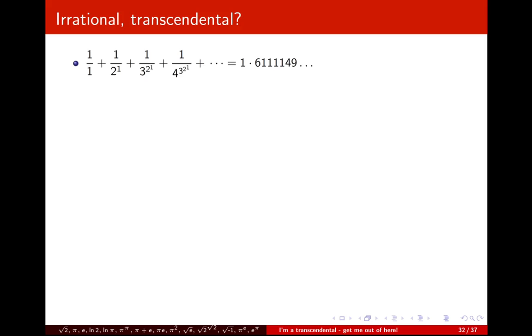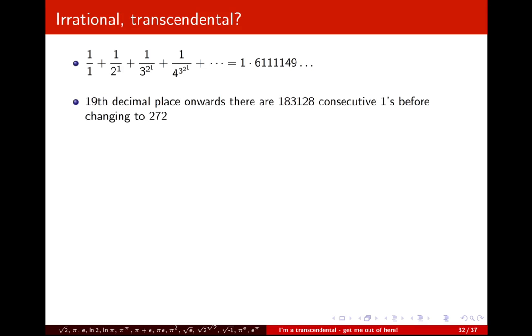This strange number is also transcendental and irrational. If you expand it much further, it turns out that from the 19th decimal place onwards, there are 183,128 consecutive ones before it changes to 272.